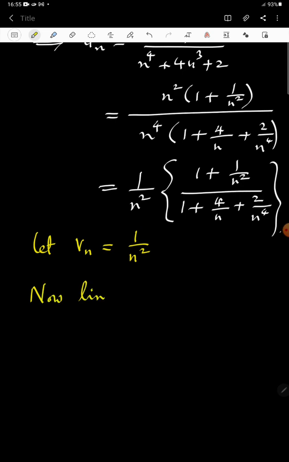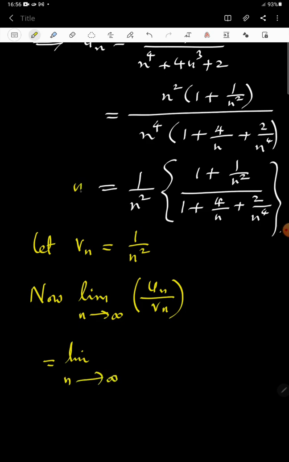Now, limit n tends to infinity of un by vn is nothing but equal to limit n tends to infinity of this complete un divided by vn. So this complete 1 by n square gets cancelled.